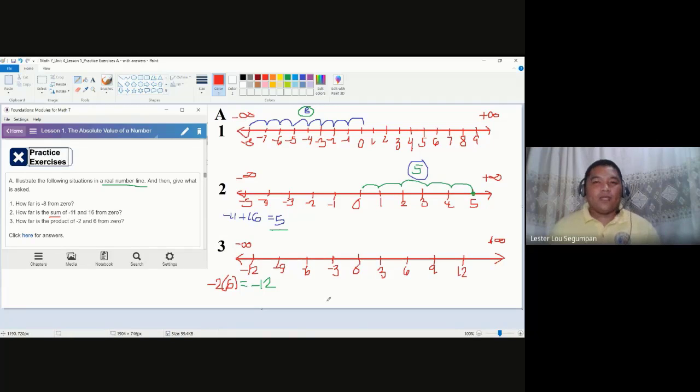Okay. Before we continue, there is one very big misconception that you may do here. Yes, we started with multiples of 3. And when you count, I would say 1, 2, 3, 4. My answer, sir, is 4. So the distance, or how far is the product of negative 2 and 6, which is negative 12, from 0, is 4. Do not do that.